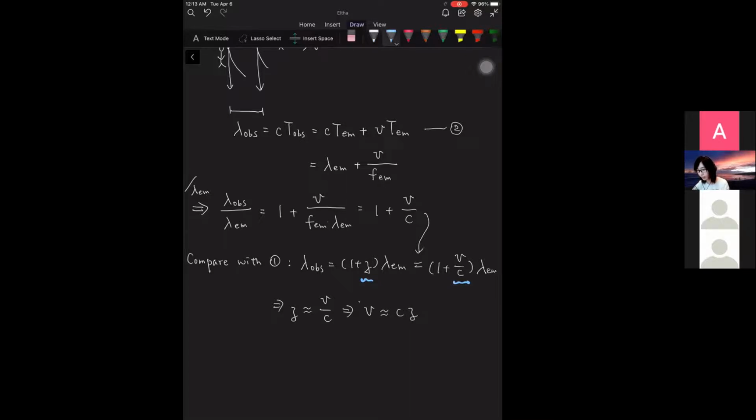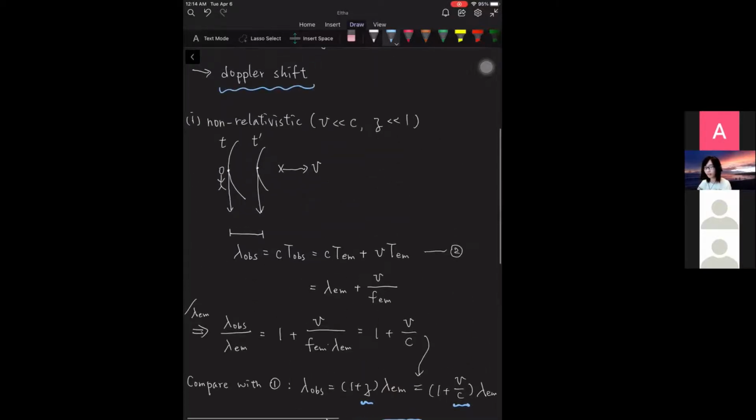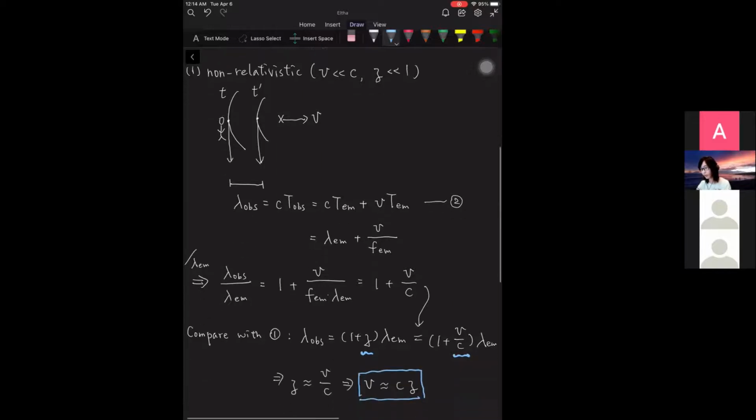But remember we are deriving it under the assumption of non-relativistic speed, so this equation can only be used when the motion is non-relativistic. Remember previously I said that v is way smaller than c. This is equivalent to z is way smaller than 1, right?